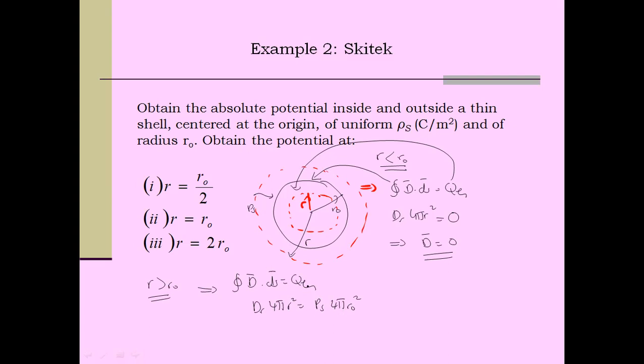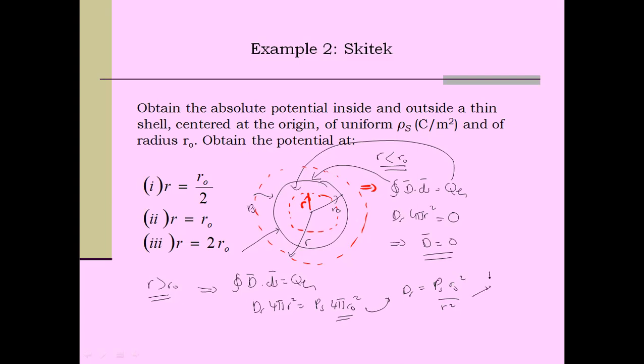Okay, because we know that the enclosed charge for the second case is only located here on the surface of your sphere or shell, which is given by the area of 4 pi r naught squared, as such you can find that Dr will be given by rho s multiplied with r naught squared over r squared.